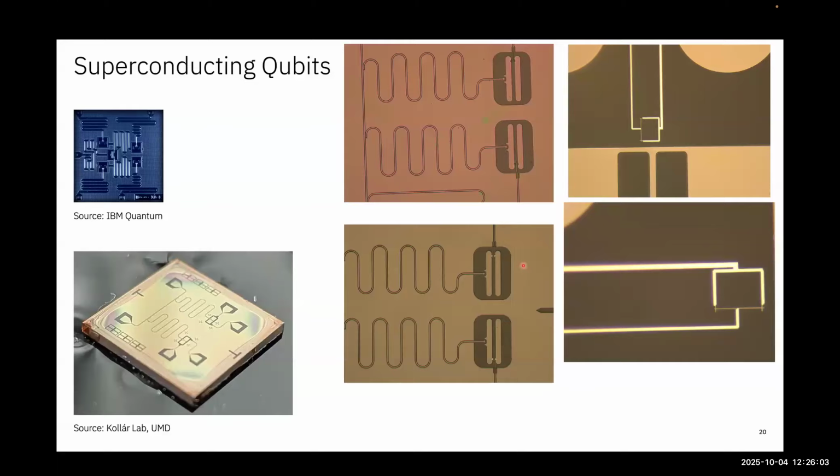So another research area, in material science, is trying to figure out which material is good for all these things. I think it used to be niobium that you pattern on sapphire or silicon. Now most people use tantalum. And then for your qubit, it's aluminum oxide, aluminum. So one of the things in the fabrication stage is that the stage that you get this is different from the stage that you get this.